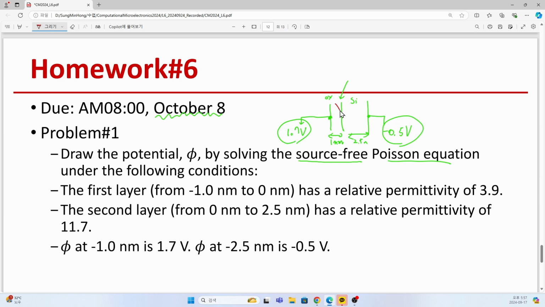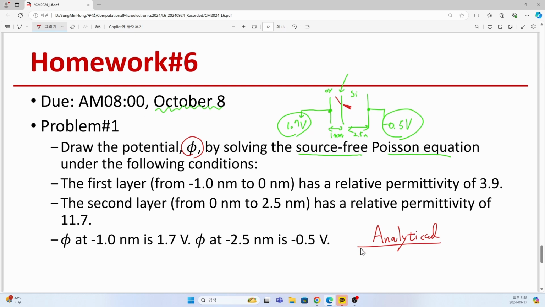Here you have a steeper one, and here a relatively moderate one. So the problem is to draw the potential, and of course this problem can also be solved analytically. Please make a simple comparison between your numerical solution and the analytic solution, and you can get some confidence in the correctness of your solution.